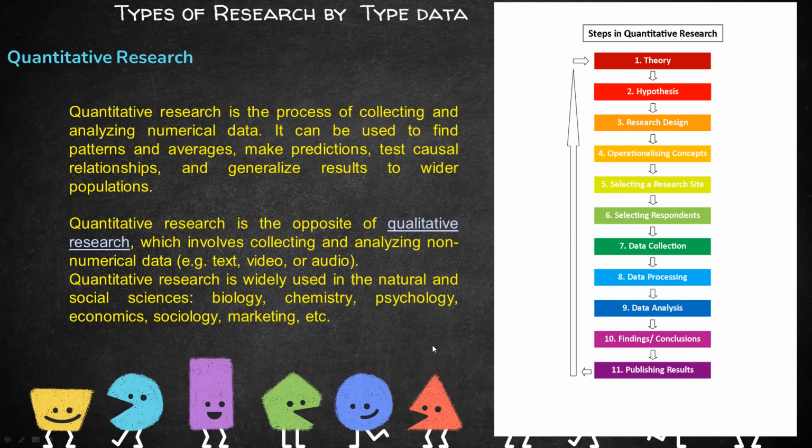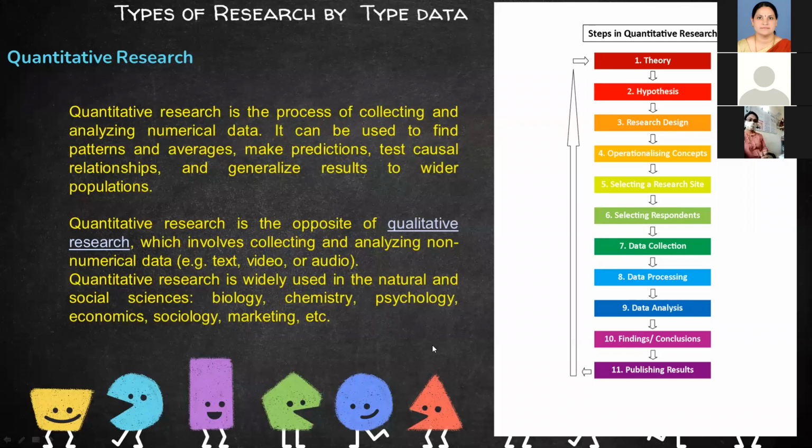So quantitative research is basically based on quantitative data, and that's why it is called quantitative data, because it is measurable in quantitative parameters. In quantitative research, the researcher collects and analyzes quantitative data.